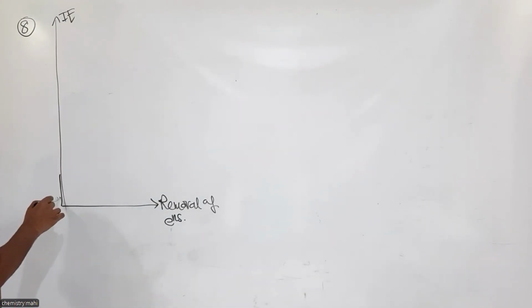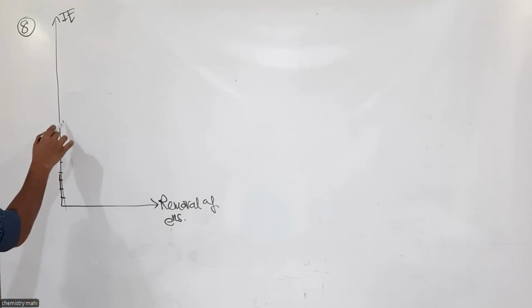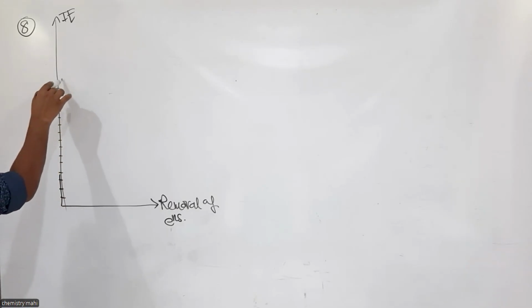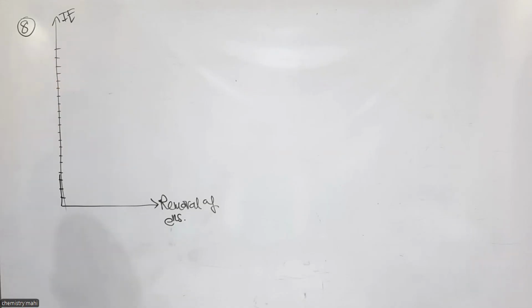I take like this one: 1, 2, 3, 4, 5, 6, 7, 8, 9, 10, 11, 12, 13, 14, 15, 16, 17, like that. So this is 1000. But the first one, 896, means the first ionization energy should be somewhere here. Second, 1007, should be between 1000 and 2000.